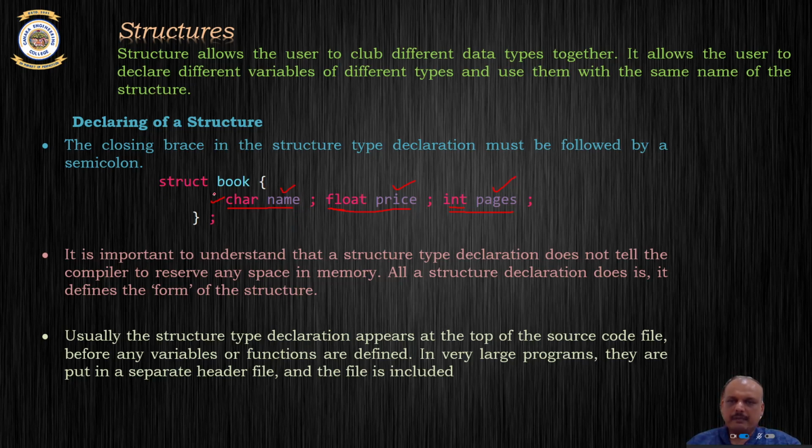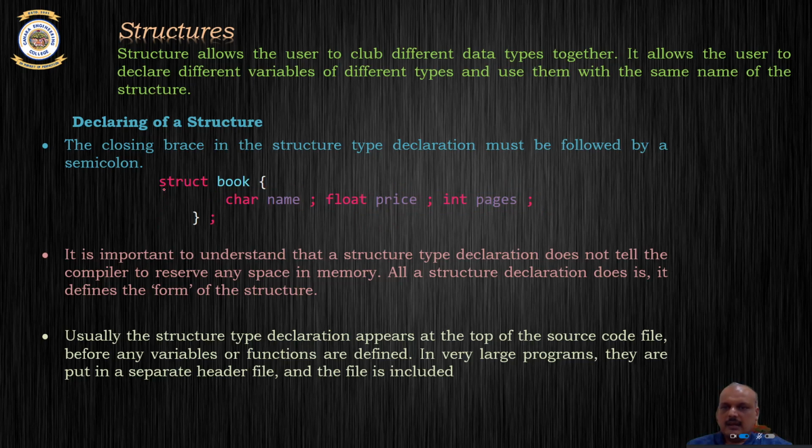So we have a problem where we need to stack different types of data into one bundle, or we need one placeholder to place all these three types of data together. This is where structure comes into picture.